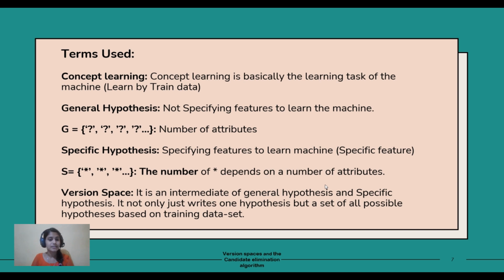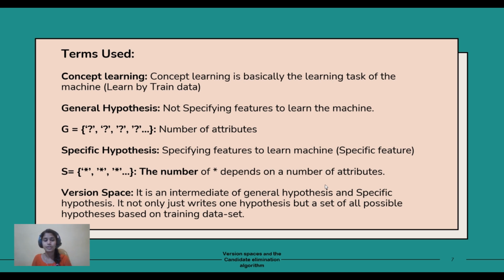The next is general hypothesis, not specifying features to teach the machine. In a general hypothesis, as we saw in the previous video, question marks include all the data. That means this one attribute will accept all the values. So that is the number of attributes. Now, specific hypothesis, specifying features to teach the machine.